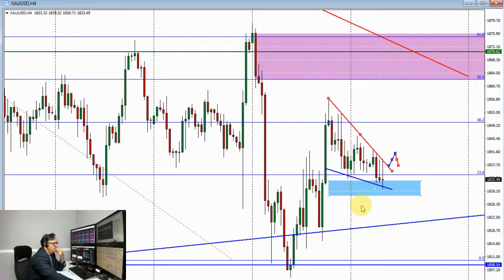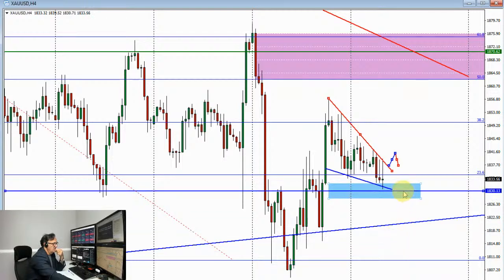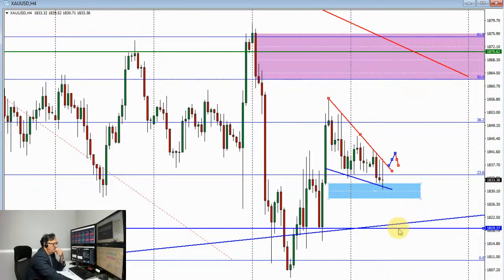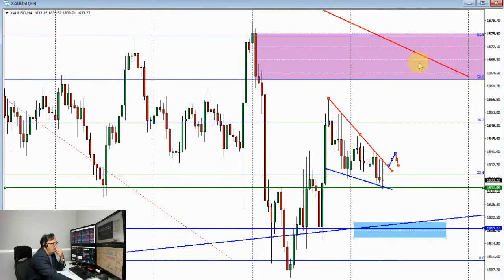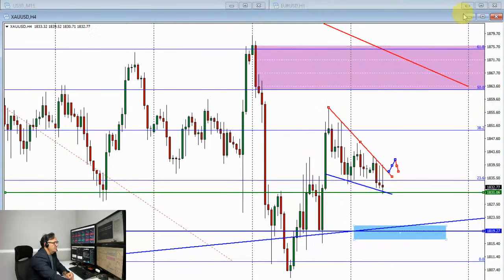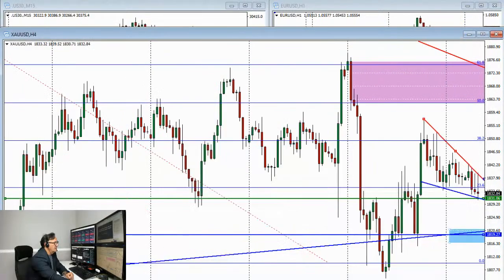Key trading level 1835, major support at 1830 to the downside down here. Loss of 1830 could possibly open the way for the retest of the lows down here towards 1820. Upside is capped by 1865, 1870, 1875 for gold. That's where I am with gold, but no setup for gold currently.